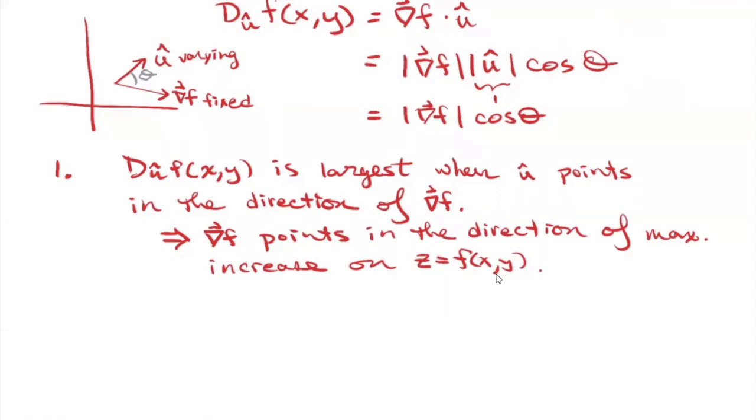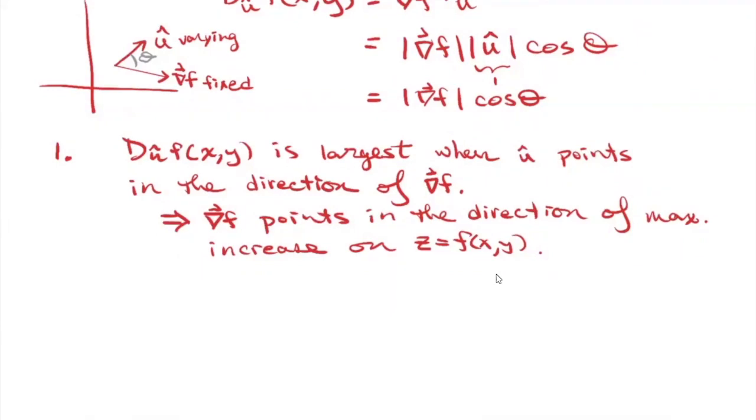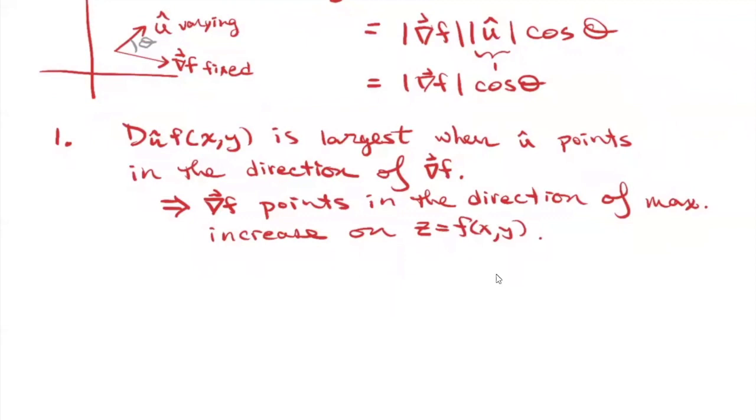It's a compass. It just points. This will take you up the steepest part of the hill, which is sort of a bummer.